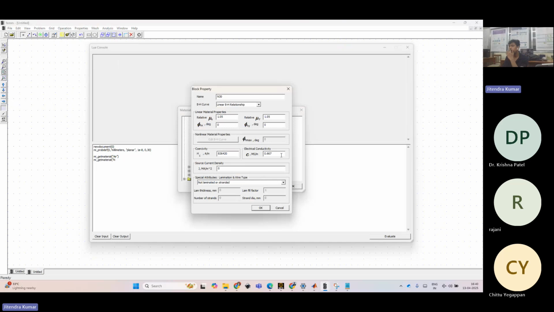Hc is given, electrical conductivity is given, mu x and mu y are given, which means mu r. The BH curve is linear. The non-linear zone is actually not mentioned here, but you could also model it if you want. You could edit here and enter your own file, so all the editing and customization facilities are present, right? So far, so good.